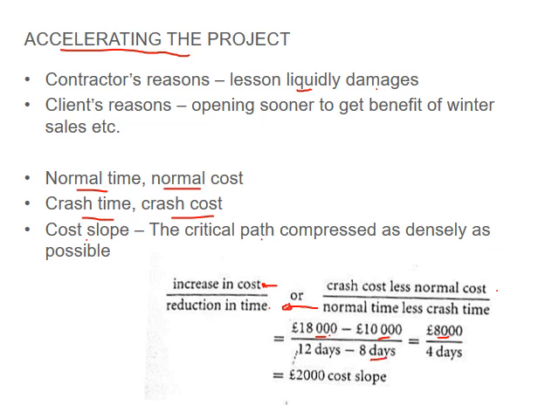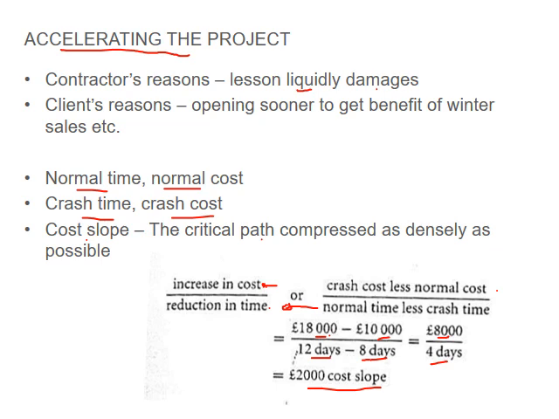Your normal time is 12 days, and your accelerated time is 8 days, to give you 4 days. Simply, you divide your difference in cost over your difference in days to get your cost slope. Fairly easy, standard. All of this is within your textbooks.